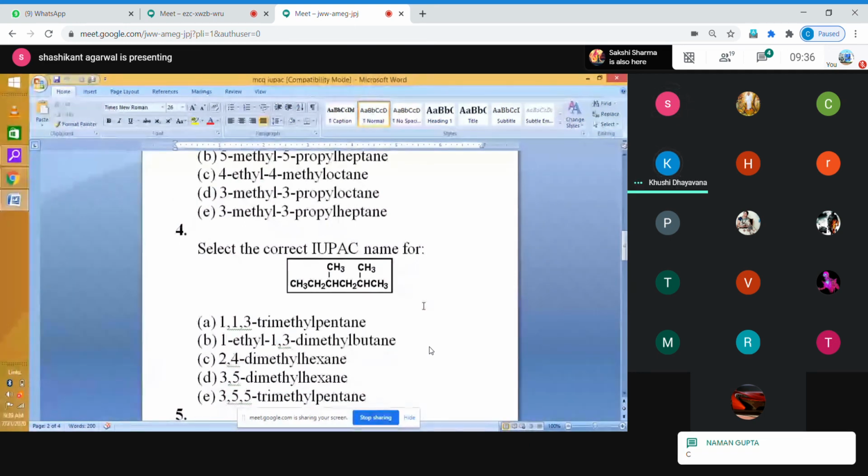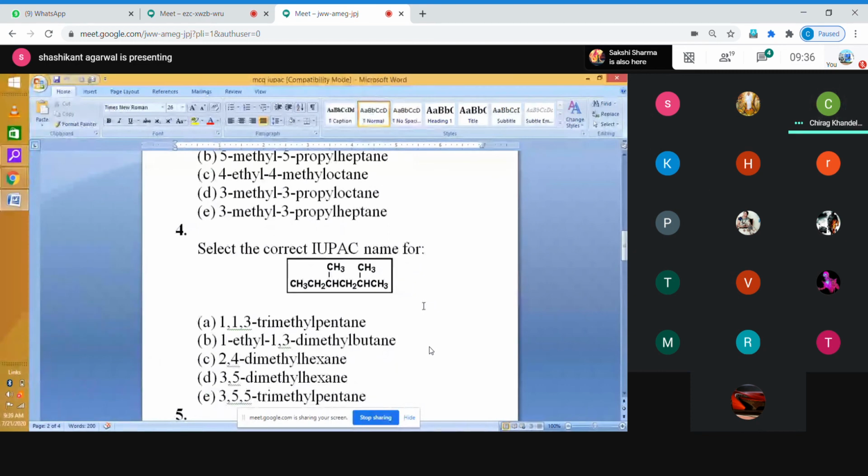Sir, C. 2,4-dimethylhexane. That is the C option. Any other option do you think may be more correct? So that is correct. 2,4-dimethylhexane is the correct one.